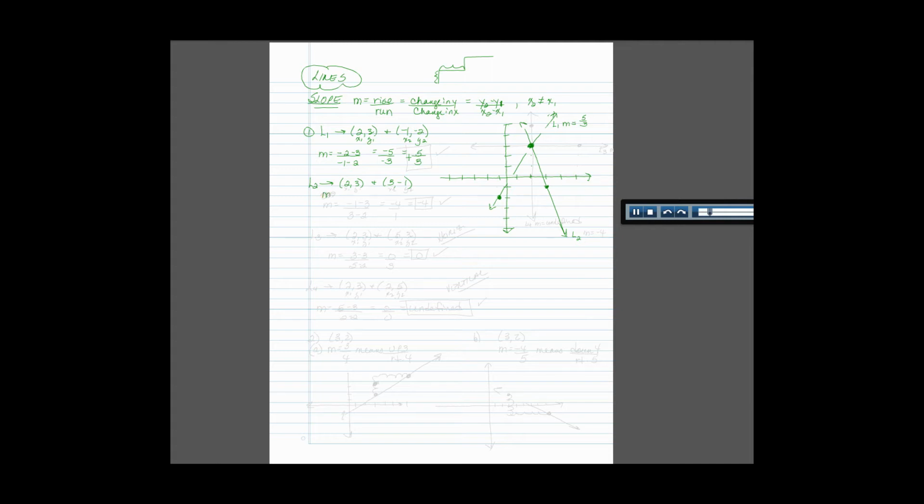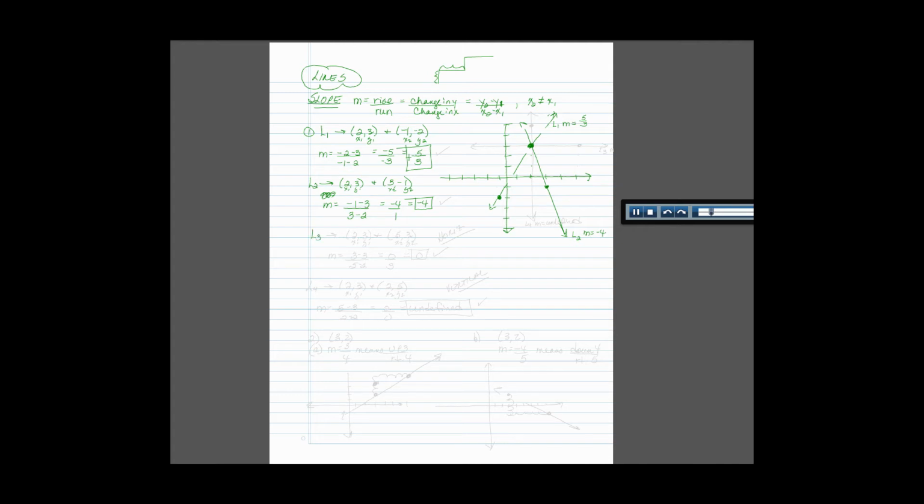When we figure the slope, y2 minus y1 over x2 minus x1, I get -4 over 1, or the slope is -4. Put a box around that one and a box around this one. So yes, the slope of that line was negative and the line's going down.